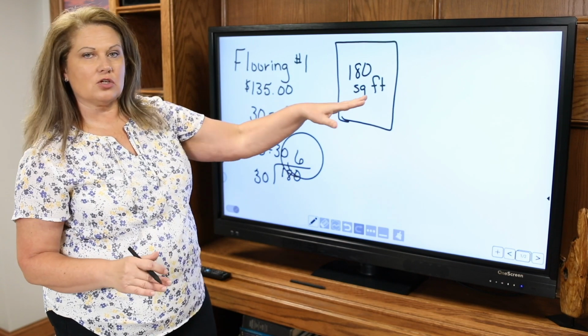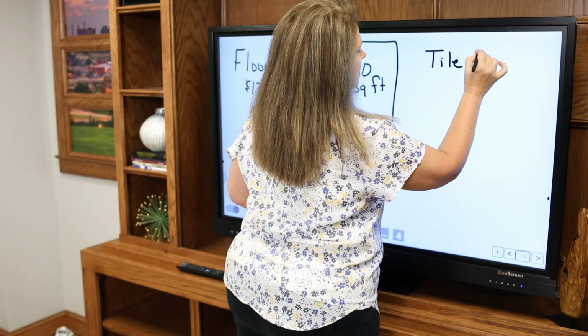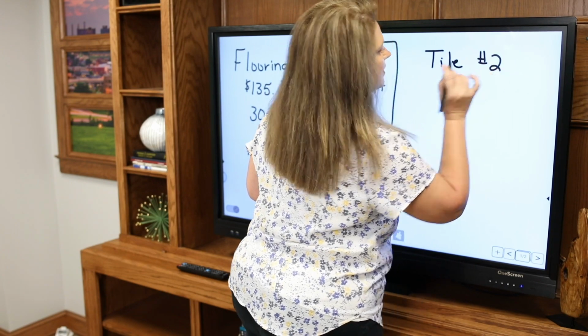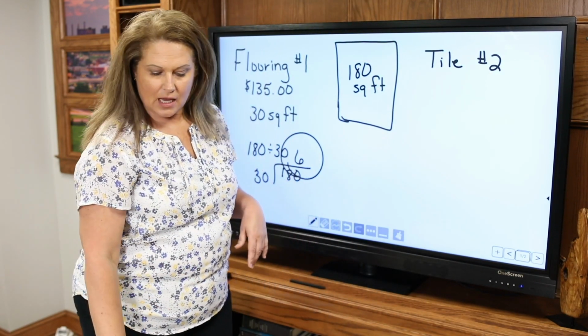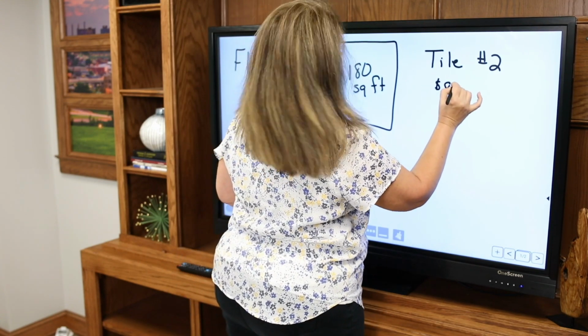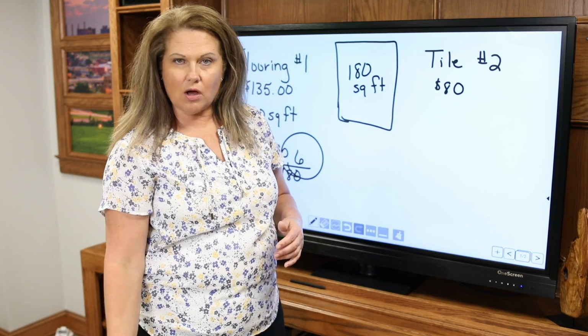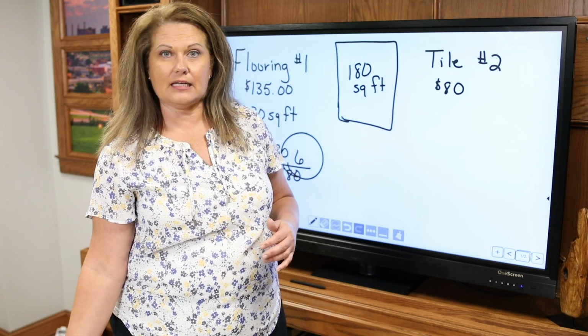Now let's come over and do the tile. And tile number 2 was our best buy. And tile number 2 was $80 per carton. But the thing with that was you only got 20 square feet in each carton.